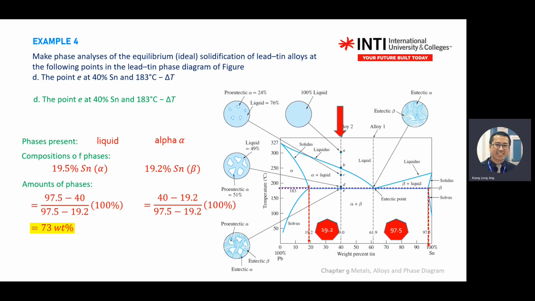So there is an error on my slide. It should be alpha and beta, and composition should be 19.2 and 97.5%. I should change this one. Okay, good, clear. So there's a typo error on my slides.